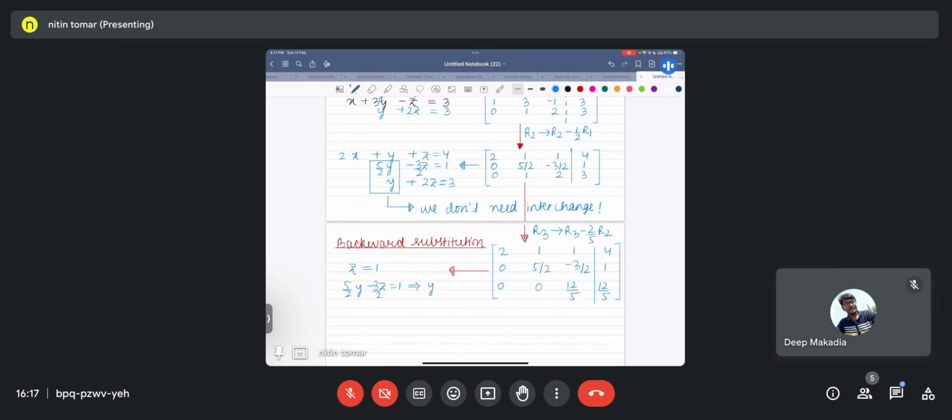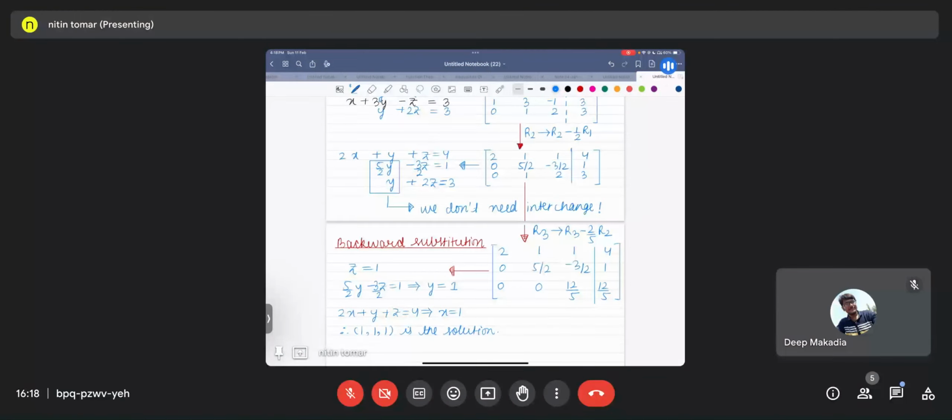So if you follow this, then you will get y equal to 1. Am I correct? And finally, you have 2x plus y plus z equal to 4. You put y equal to 1, z equal to 1, you will get x equal to 1. So therefore, 1, comma 1, comma 1 is the solution. All of you agree? Yes, sir.